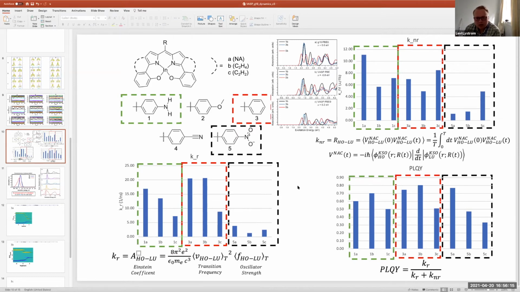And for A, the structure is much less rigid, so more vibrations cause higher non-radiative relaxation. So B is the Goldilocks range, where it reduces the structural vibration while keeping the HOMO-LUMO gap sufficiently high so that the gap law does not increase the non-radiative relaxation.